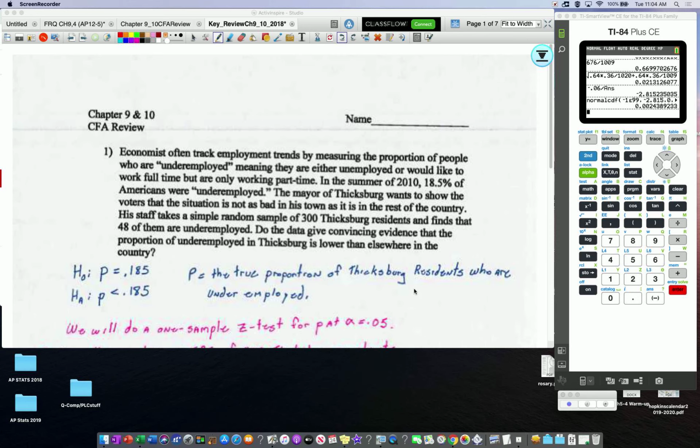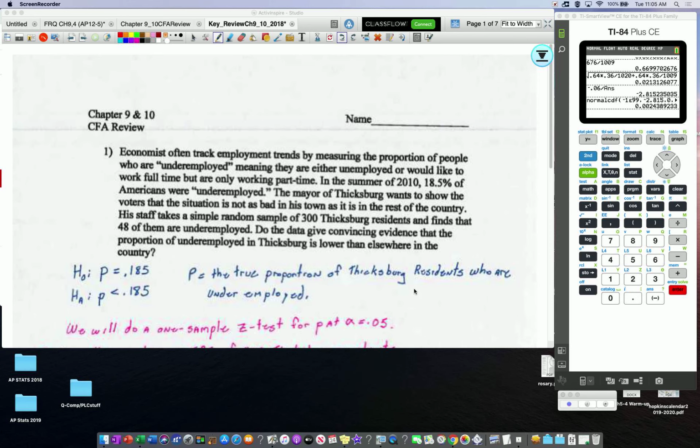It says economists often track employment trends by measuring the proportion of people who are underemployed, meaning they are either unemployed or would like to work full-time but are only working part-time. In the summer of 2010, 18.5% of Americans were underemployed.